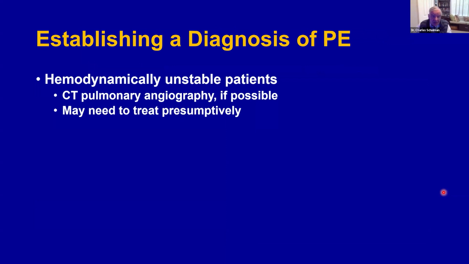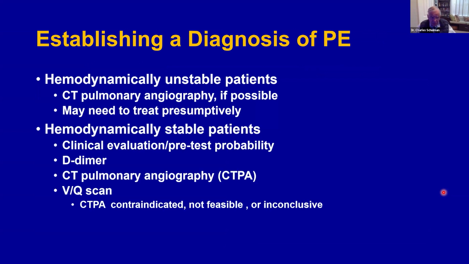So, you need to establish a diagnosis of PE for hemodynamically unstable patients. Do a chest CT angiogram if you have time. But if not, you may need to treat the patient with heparin presumptively. For stable patients, consider the clinical evaluation and the pretest probability.